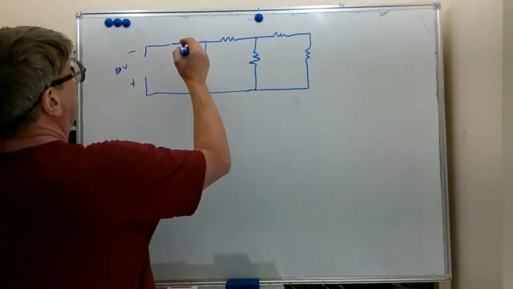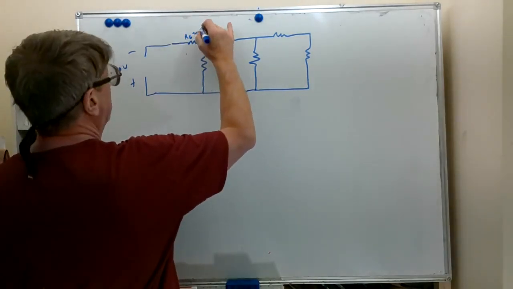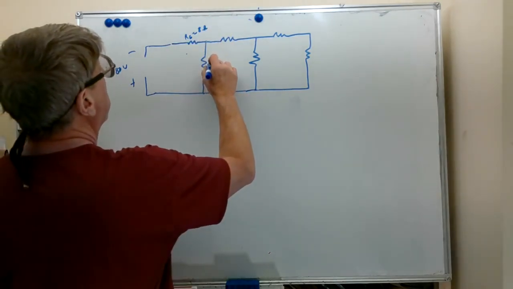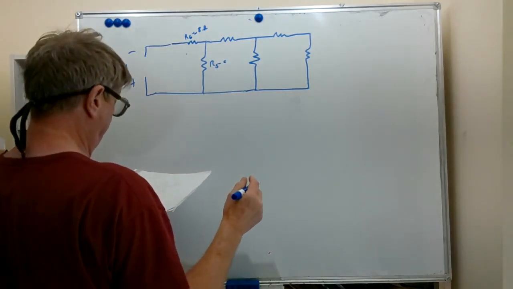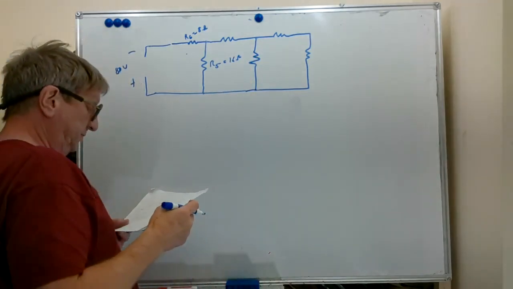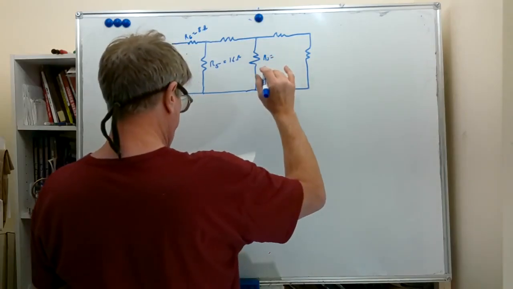We're going to start by putting our resistance values here. R6 equals, we're given 8 ohms. R5 equals 16 ohms. R3 equals 20 ohms.